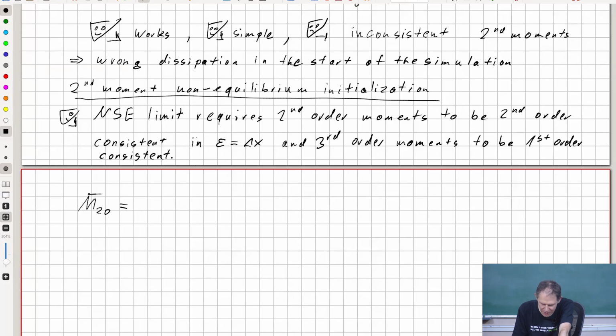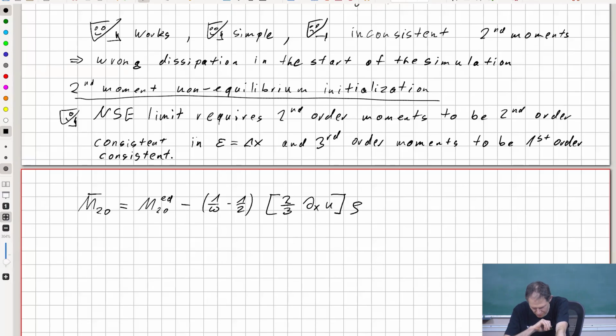But the non-equilibrium part of the second order moments would include, so of course the moment itself would include the equilibrium, but it would also include viscosity, with the viscous part, which is this here, including the derivative in x, times rho.